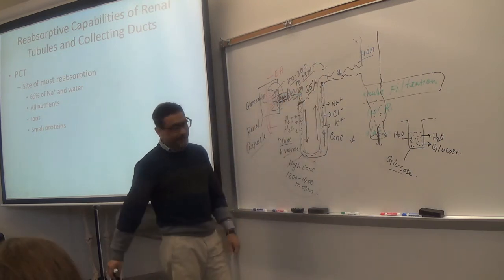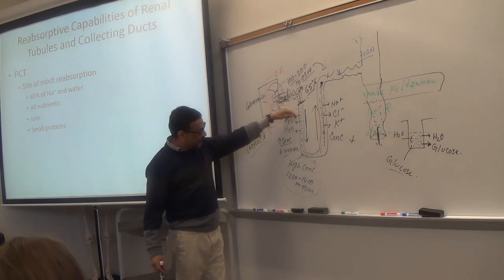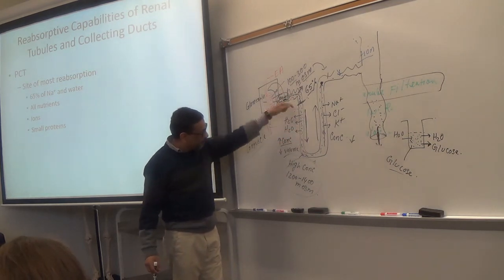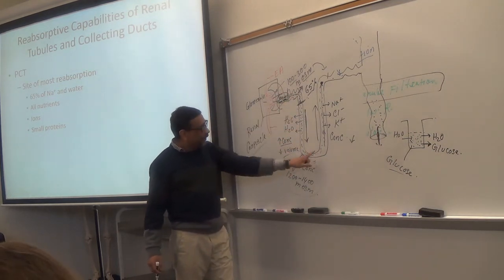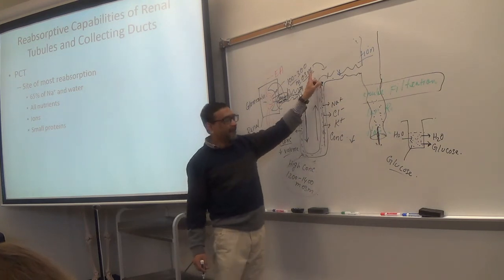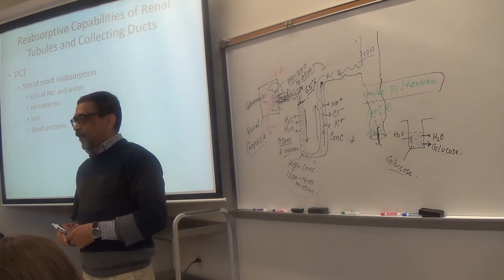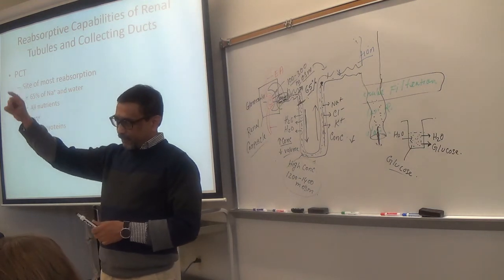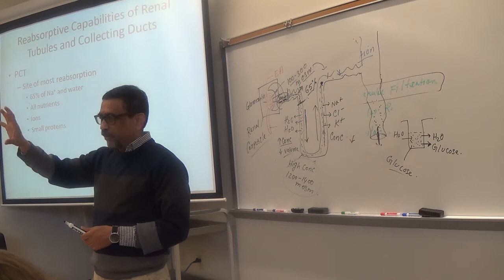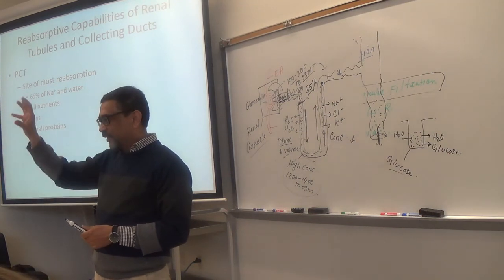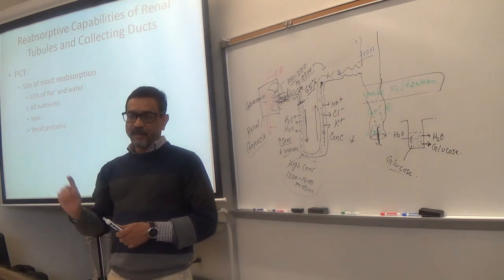So this is interesting. You see, concentration is going very high, and then concentration is going down again. But the net result is, as the fluid is passing through the nephron, the volume is always going down, right? By reabsorption.